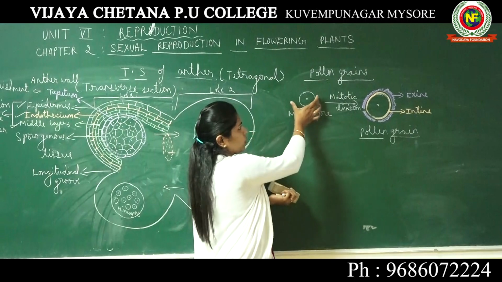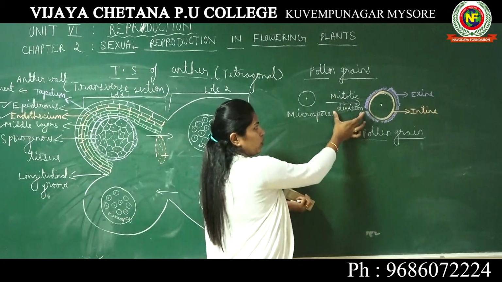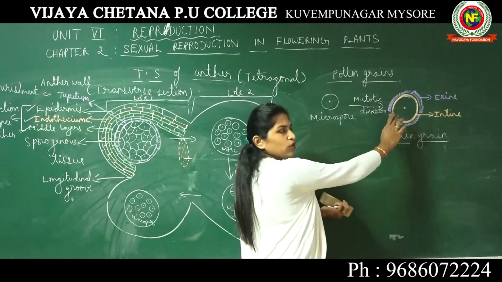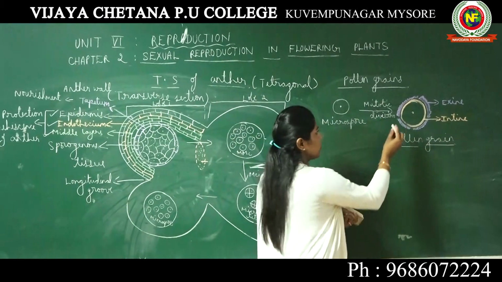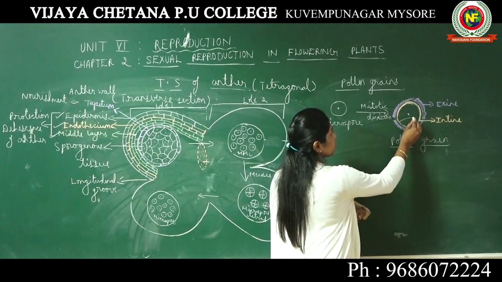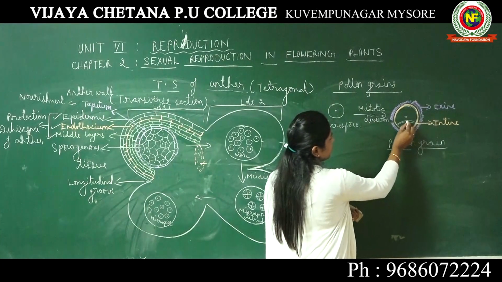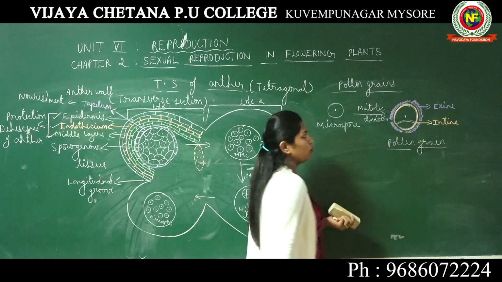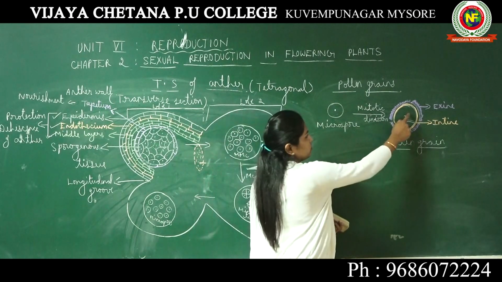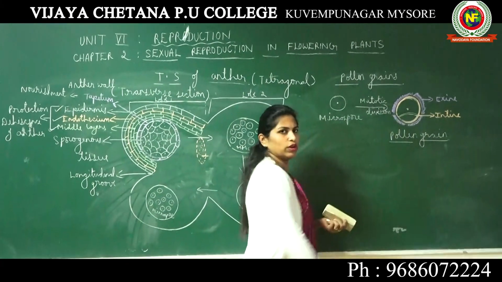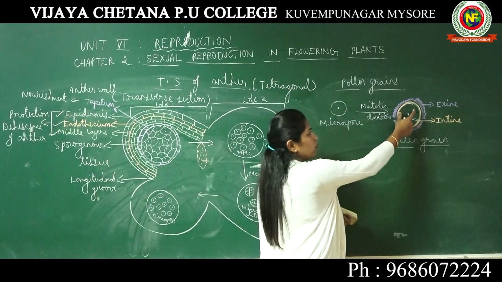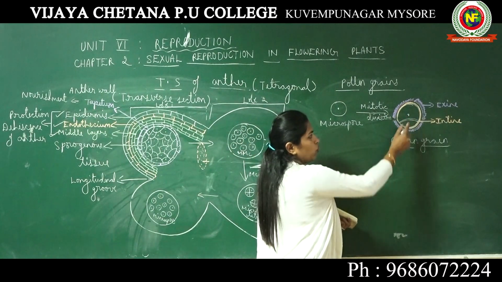Since the microspore has undergone a mitotic division, there is formation of two cells inside the pollen grain, the uppermost cell and the lower cell.